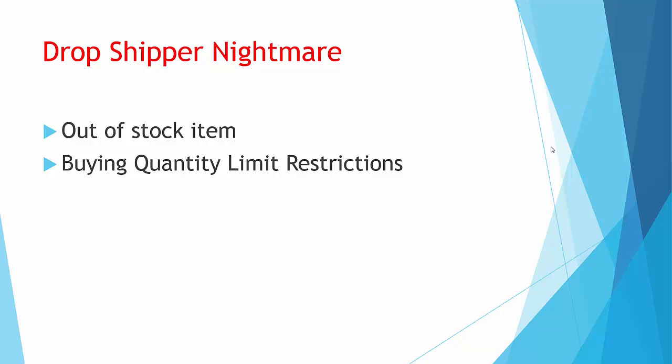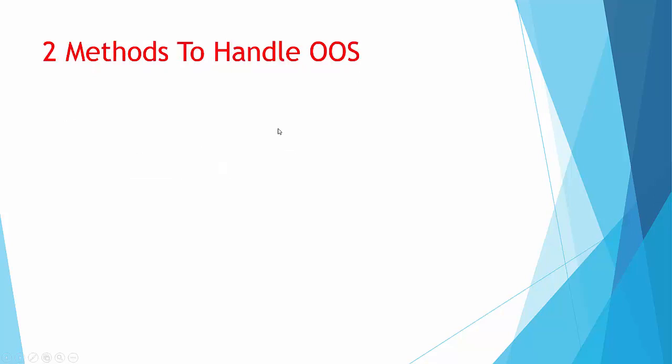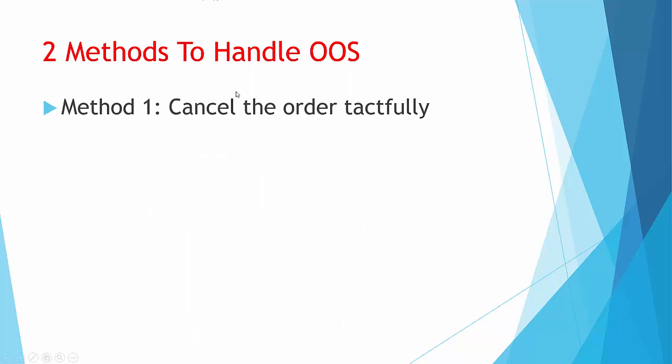I'm going to talk about the first item, which is the out of stock item, and how you can handle it. Basically, there are two methods which our team uses to handle out of stock situations. The first method is you can cancel the order tactfully. Saying tactfully means you need to communicate with the buyer.